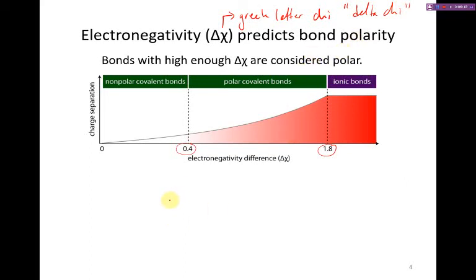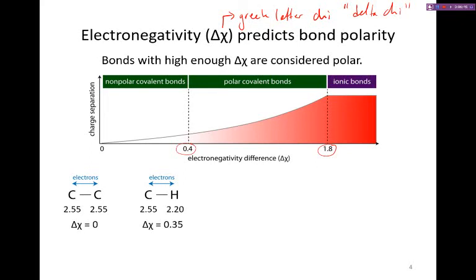As we mentioned earlier, there are some bonds that are perfectly nonpolar, and those are the case of elements that are bound to each other. In other words, it has to be bound to the same element to have a perfectly nonpolar bond. But for some bonds, like carbon to hydrogen, the difference in electronegativity is fairly small.